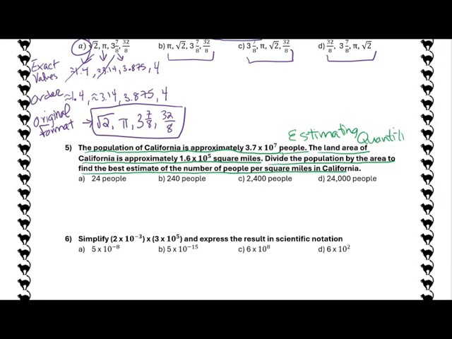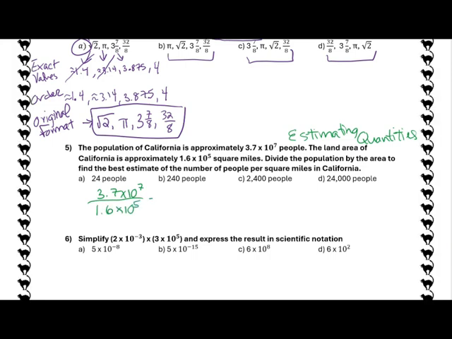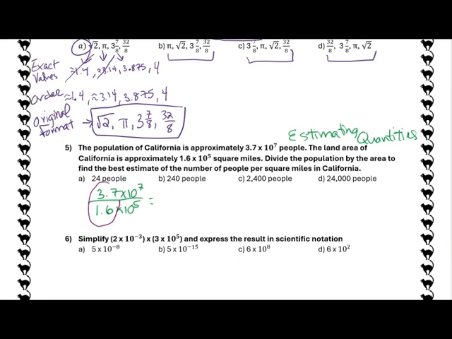Okay, so in order to do this, we are going to do 3.7 times 10 to the 7 over 1.6 times 10 to the 5th. When I do that, I'm going to treat each one separately. So first I'm going to do 3.7 divided by 1.6 on my calculator.